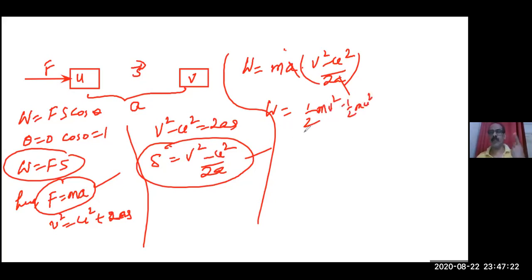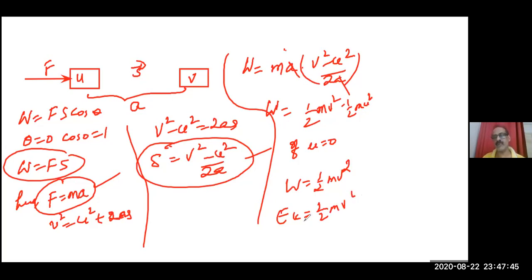This work done is producing a change in kinetic energy, isn't it? Yes. So work done is equal to change in kinetic energy. If U is equal to 0, initially the object at rest, then W is equal to half mv squared. This work is converting into kinetic energy, that is Ek is equal to half mv squared. This is the formula.